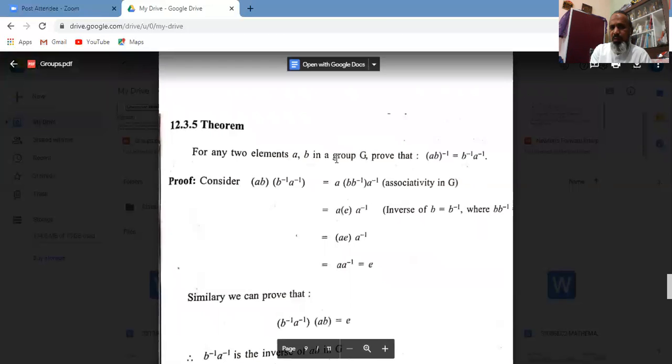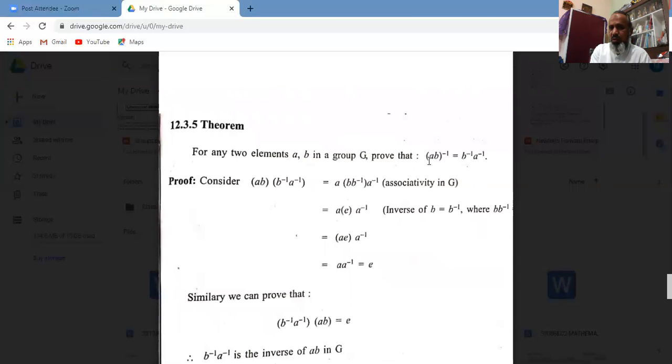If A, B are elements in G, then the inverse of AB is equal to B inverse A inverse. Now consider AB. B inverse A inverse is the inverse of AB. So if we multiply B inverse A inverse with AB, we get the identity element. So we are multiplying AB into B inverse A inverse.